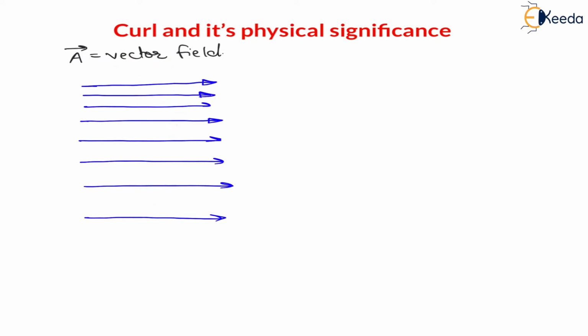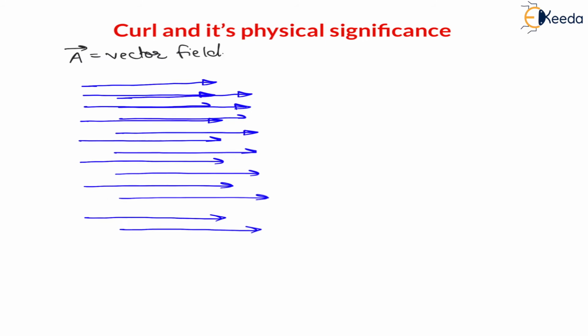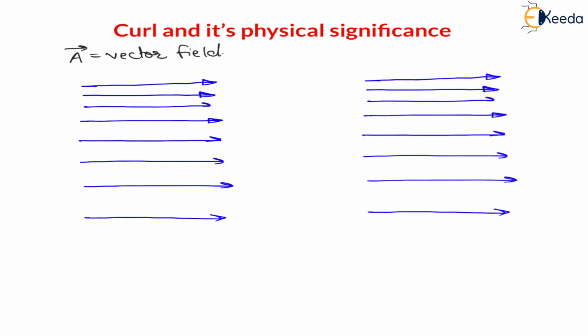Now my dear students, let us consider the same vector field. Here this same vector field I will consider in two different aspects, right? Let us say I will copy this vector field, I will put it here. Now in this vector field, the direction is along positive x-axis. Now in this vector field I will consider one closed loop, and my closed loop will be perpendicular to the direction of this vector field.